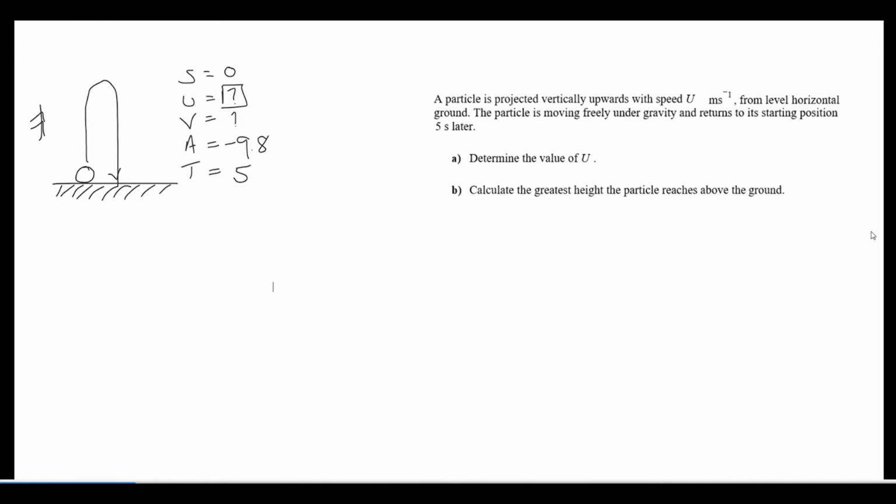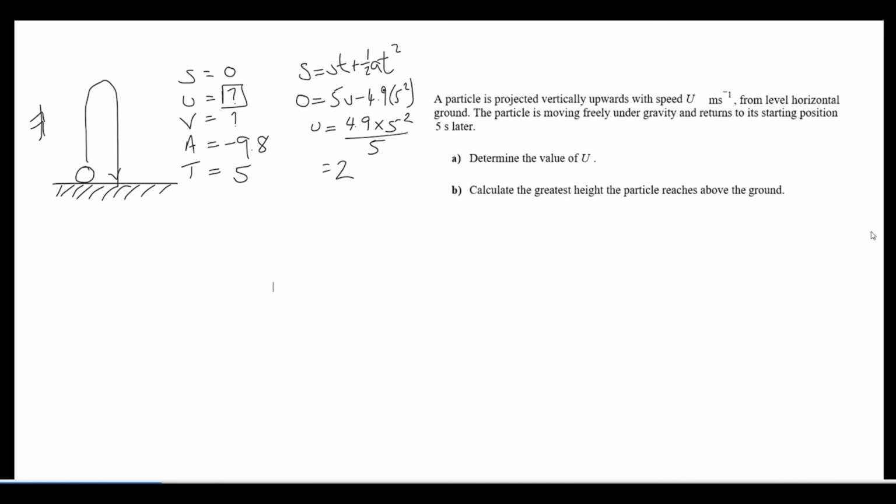Okay, so that's enough to substitute into a formula. We're going to use s equals ut plus half at squared, and we just substitute in what we know. The 0, u is what we're looking for, we'll make that the subject. Time is 5, and the acceleration negative 9.8. Okay, so just some rearranging from here. u is going to equal 4.9 times 5 squared, all divided by 5.